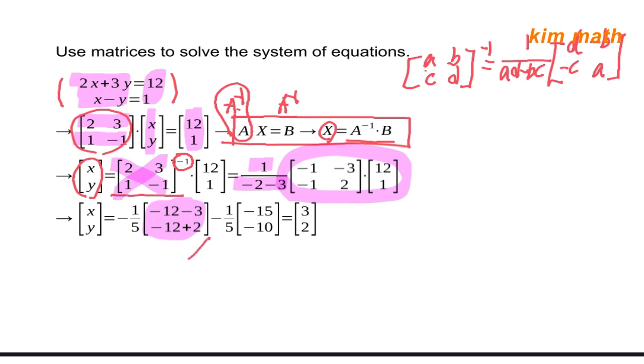There is no equal sign here, then you have negative 1 over 5 times the matrix [-15, -10], which is [3, 2]. So variable x is 3, variable y is 2. Is it okay? Okay.